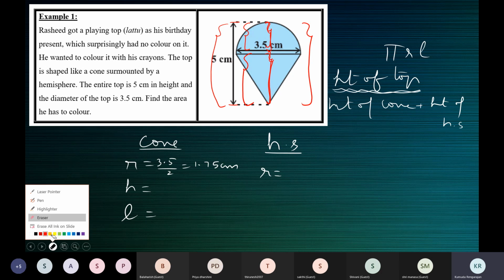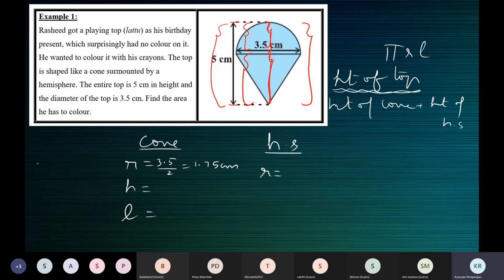The height of a hemisphere is equal to its radius. The height of a hemisphere or a hemispherical bowl is equal to its radius. Whatever is the radius is the height of the hemisphere.